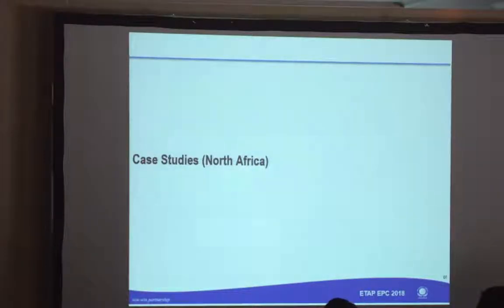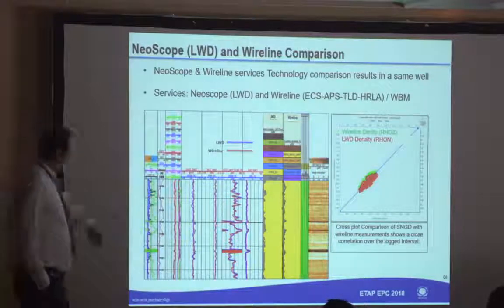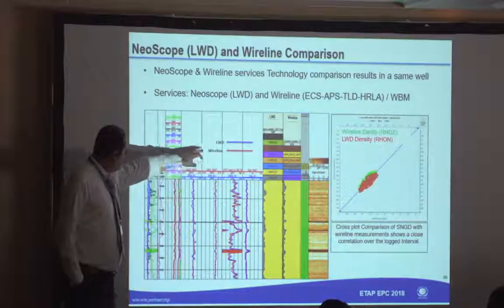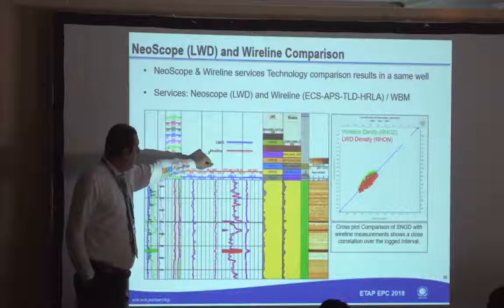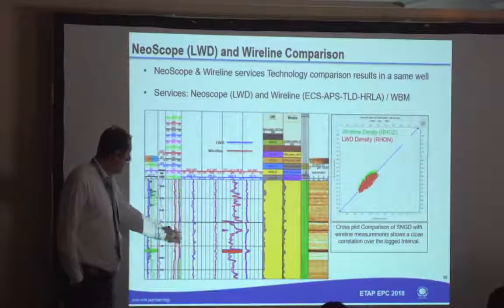The first example that we will be seeing is the tool acquired in the same hole, in the same well, same section, with wireline data. We can see that in the same well we have the density from the tool in blue and from wireline in red. You can see a good match between both.